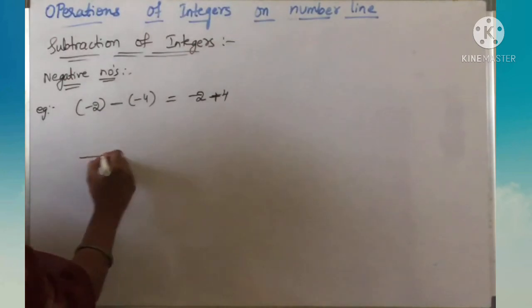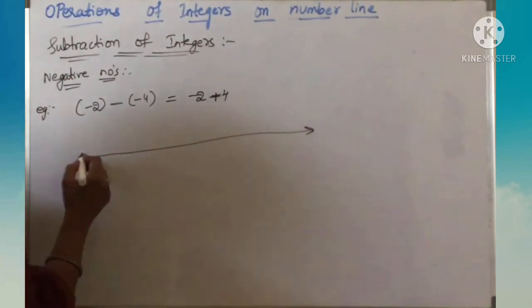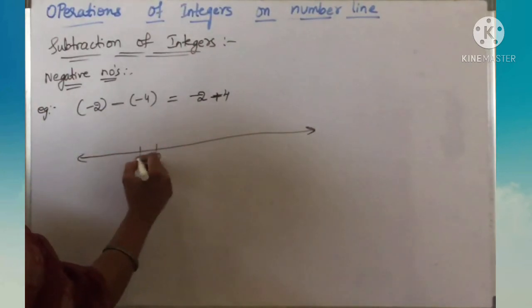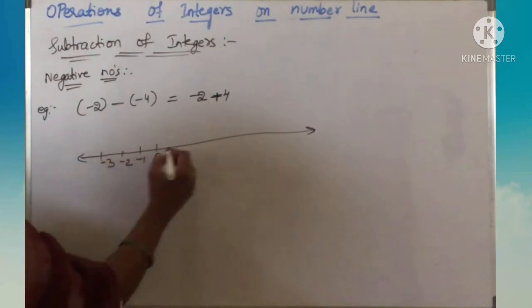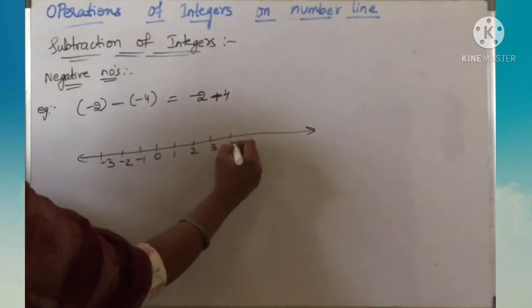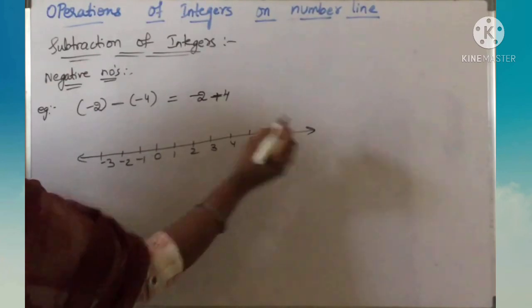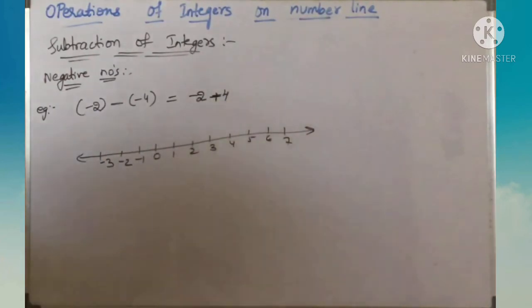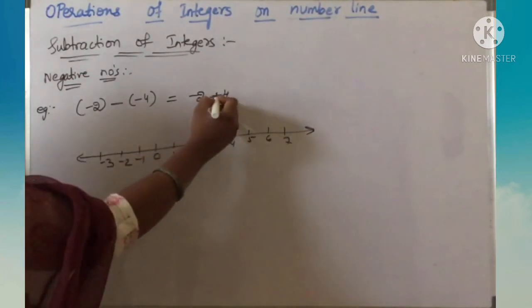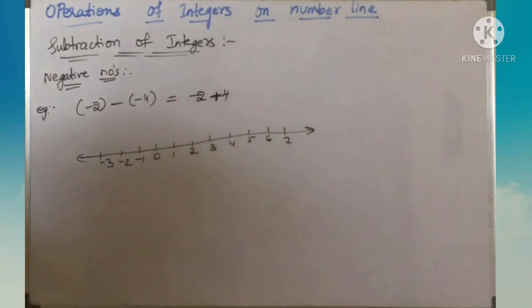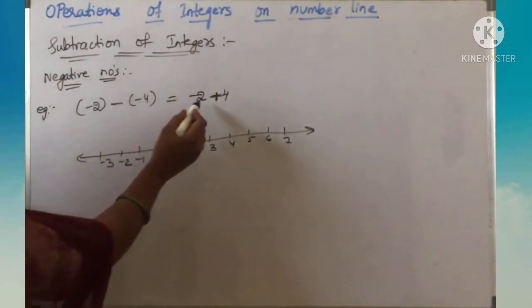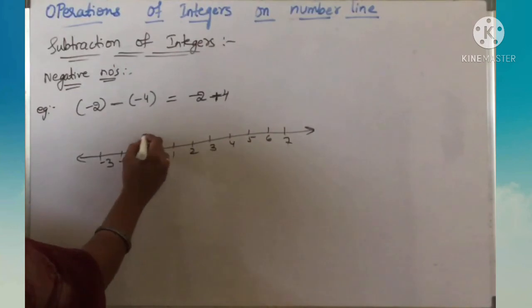We will see on the number line. 0, minus 1, minus 2, minus 3, 1, 2, 3, 4, 5, 6, 7. Here, first number is minus 2 and second number is plus 4 because we got minus of minus, that is plus. So, first we should locate minus 2. 0 to minus 2.